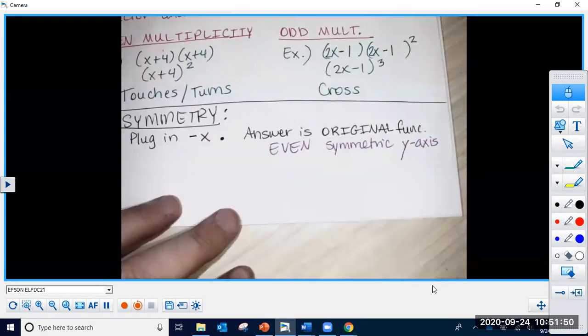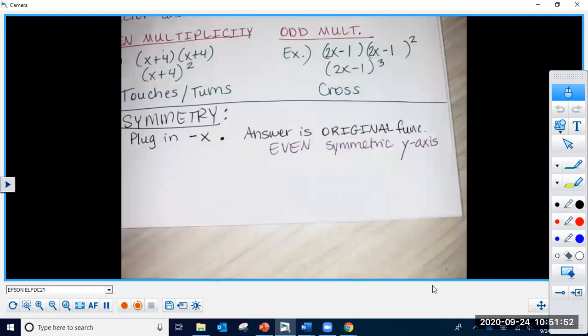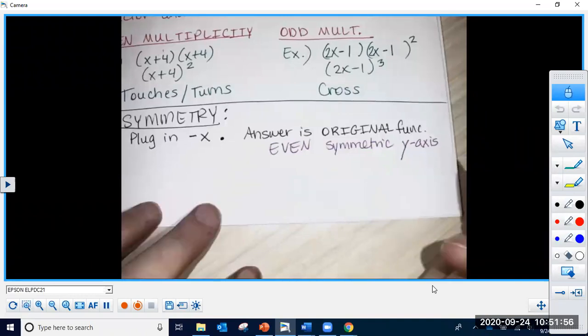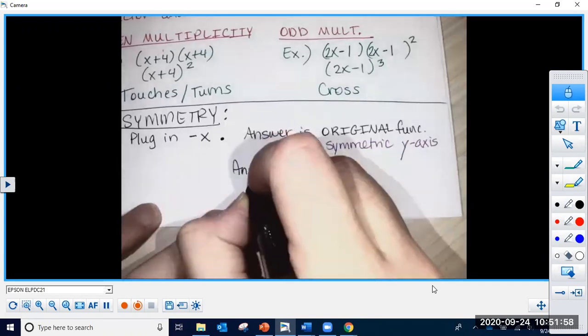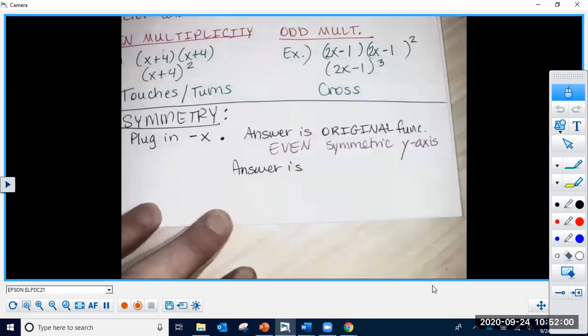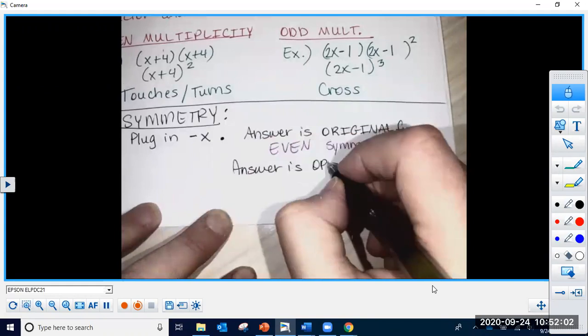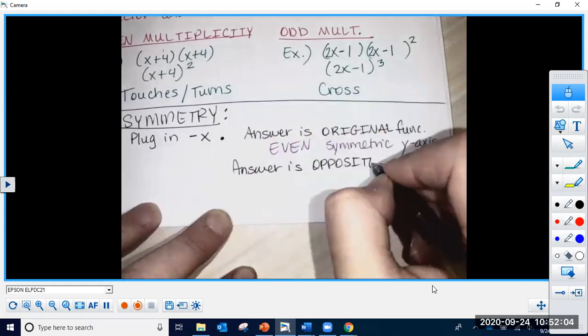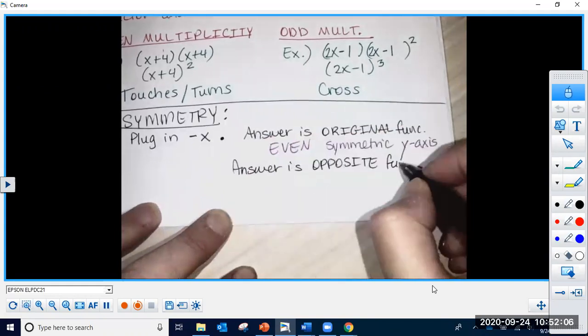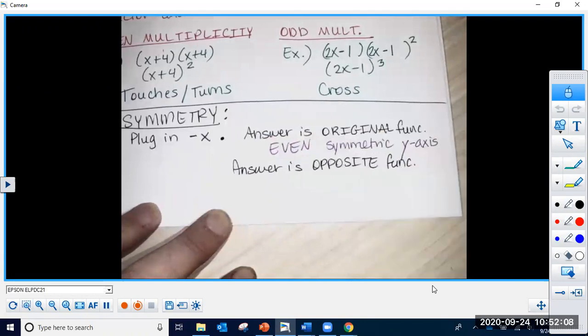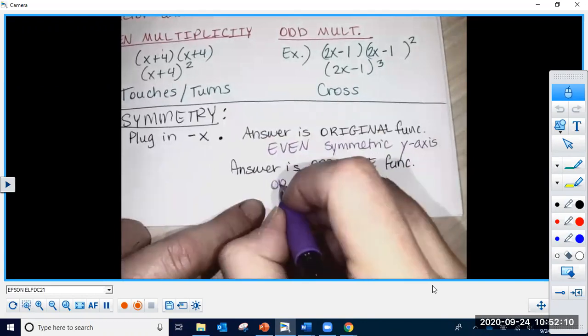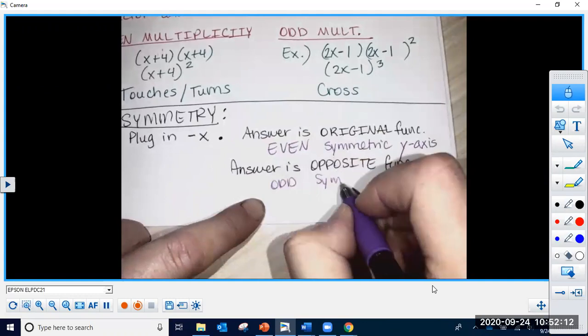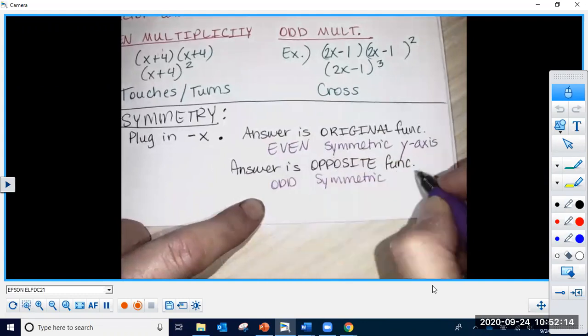If your answer is completely opposite, like every single term in that entire function has to change signs, so all my signs change, then your graph is odd, and that's symmetric with the origin.